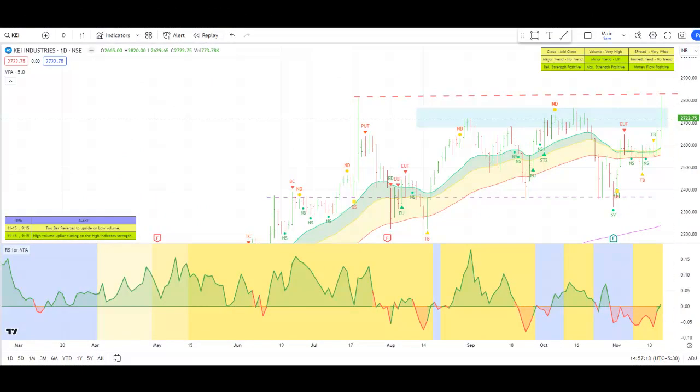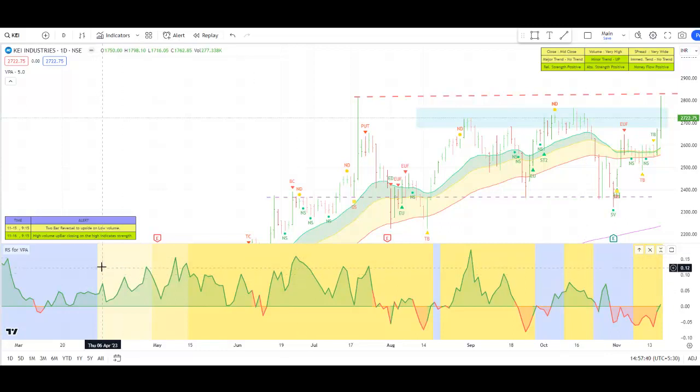Now let us look at the background of the indicator. As we said before, there are two different shades, yellow and blue. And the yellow has got three different shades here: the light, the medium one, and the little darker one. The background indicates the strength of the index itself.